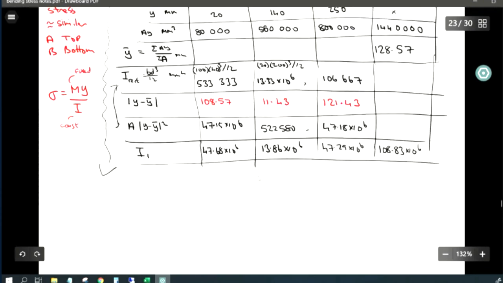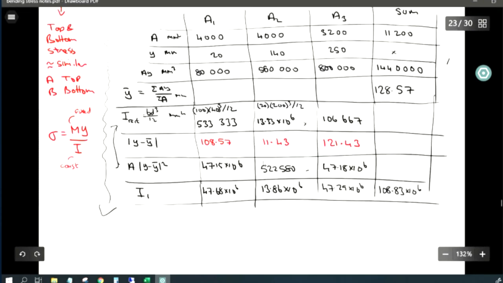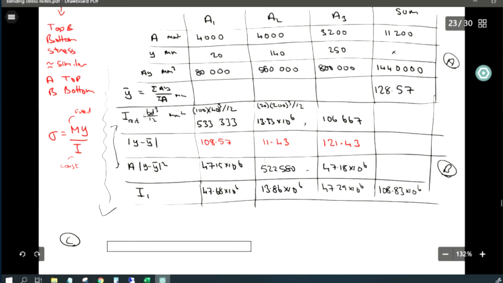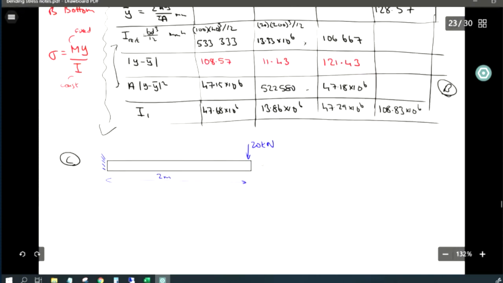So part A of the question was to get a Y bar. Part B was to calculate the I value, and part C was if it was a 2-meter beam. So it was a cantilever beam, 2 meters in length, with a 20 kilonewton load, fixed at the wall. If we sketch out the bending moment diagram, it would look something like that.